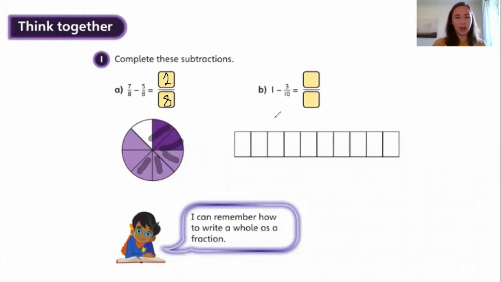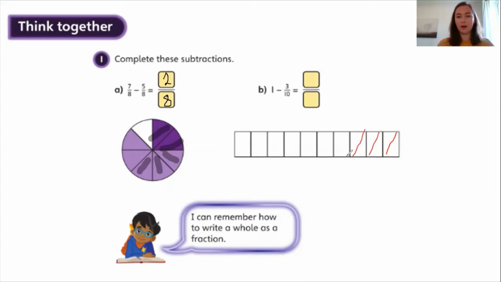Okay, so 1 is the same as a whole, because it is divided into 10 parts, 10 tenths makes a whole. I'm not going to bother colouring them all in because they would just have to all be coloured in. We now need to subtract 3 tenths from that whole. So I'm going to cross them out. 1, 2, 3.